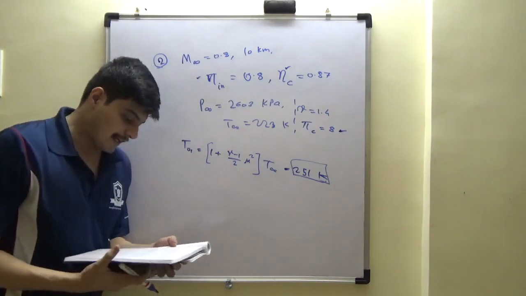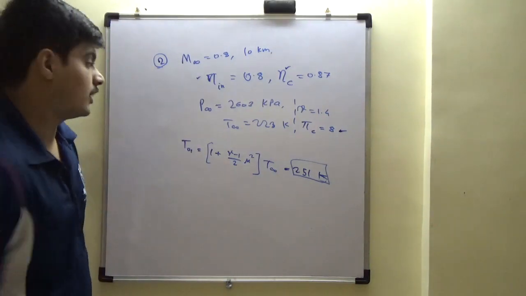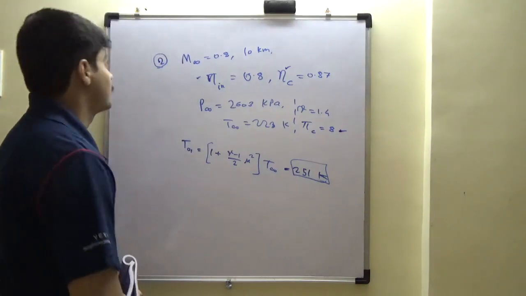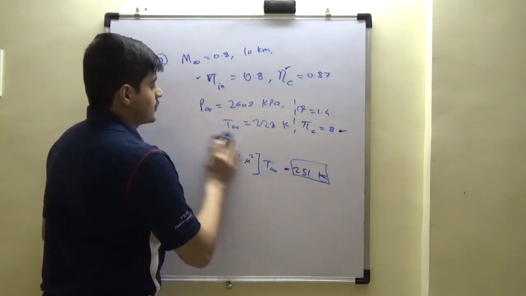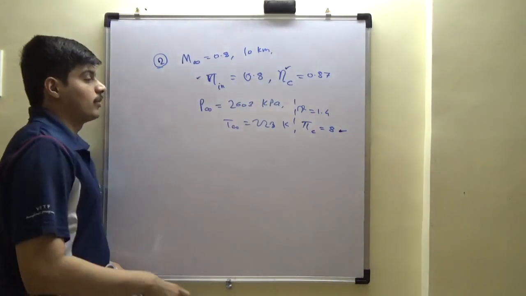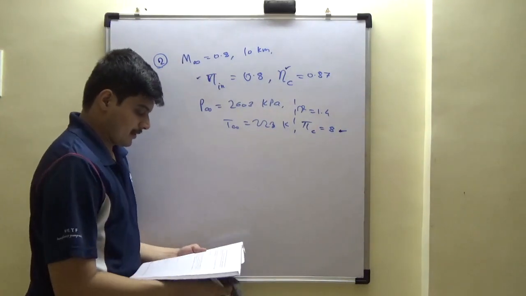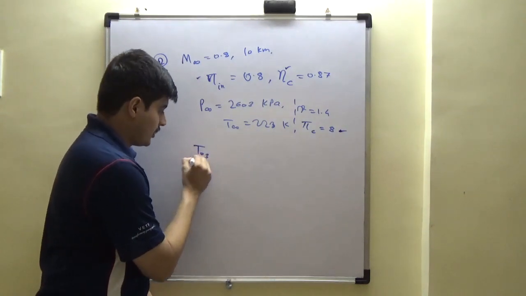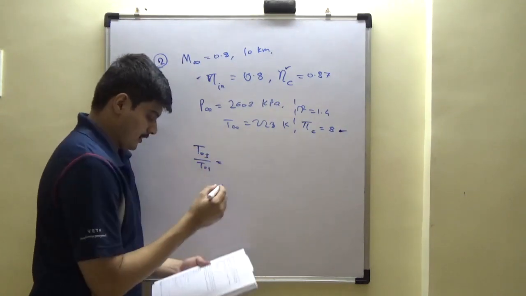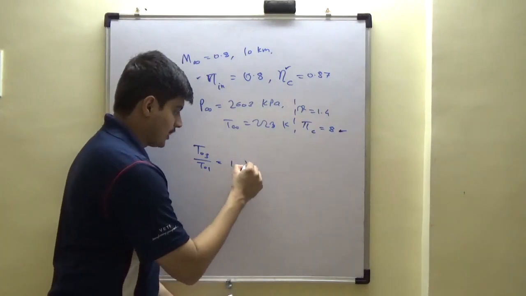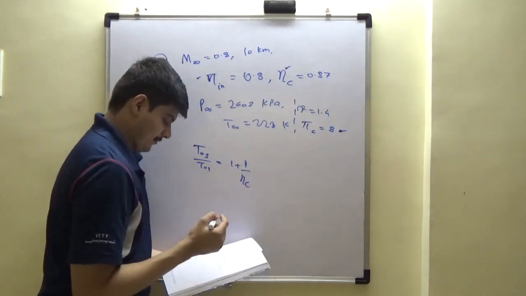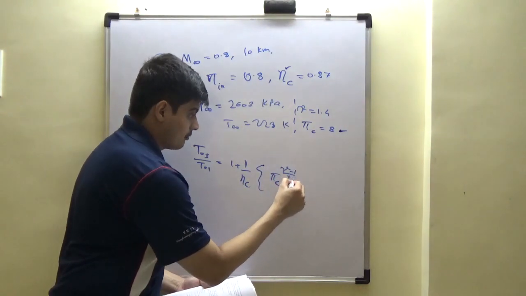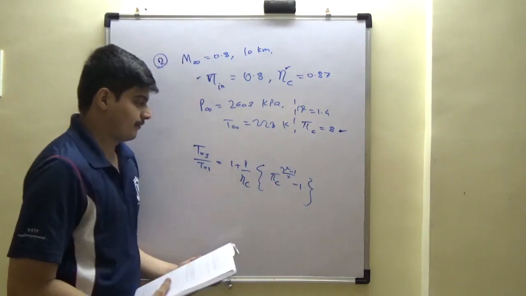This is the diffuser exit and inlet of the compressor. There is hardly a loss in between. The staging is assumed to be smooth. So we got one answer. Now, in the compressor, what is the relation? T03 upon T01 is equal to 1 plus 1 upon eta C times pi C raised to gamma minus 1 by gamma, minus 1.